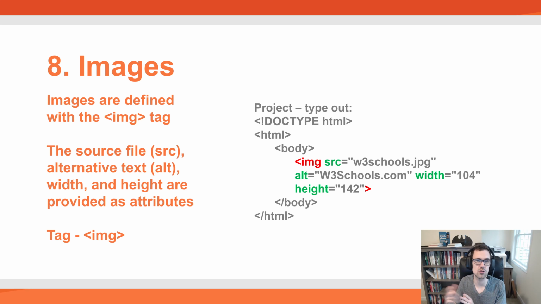The alt is then a description of the image, just in case the image doesn't load, or if we need to identify the image for screen readers, things that read web pages to people who are blind. You need to have actual text written in there because you can't show an image to someone who's blind. So it's for accessibility. And then you have to have the width and the height of the image in pixels, or you could do it in rems or other measurements. Okay, so that is that one.